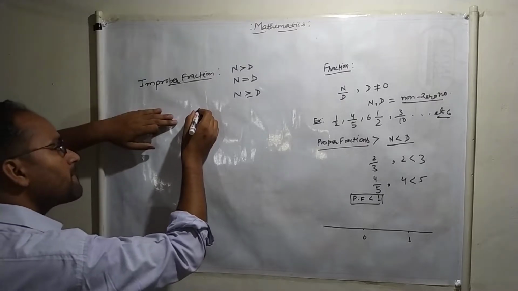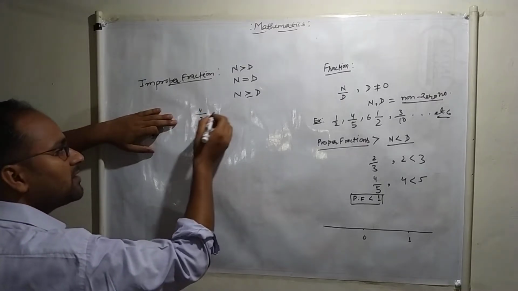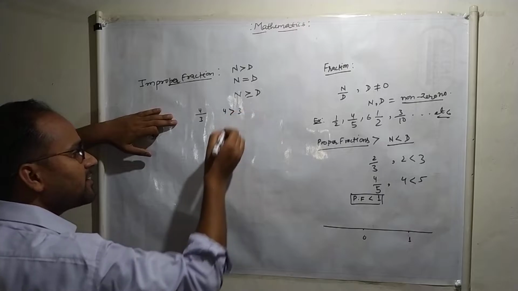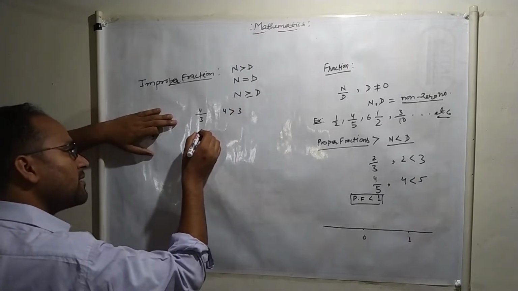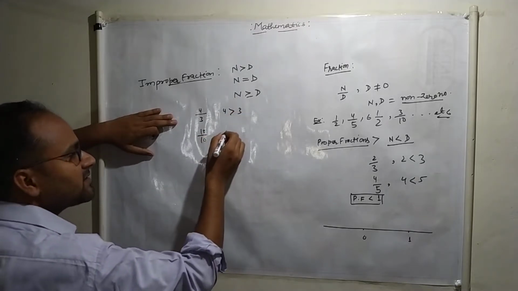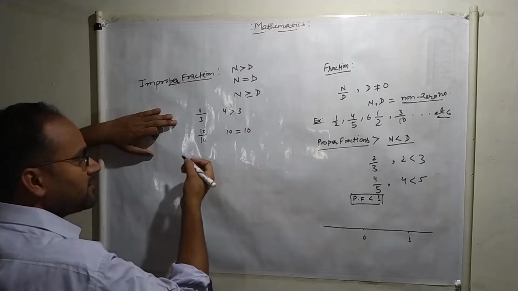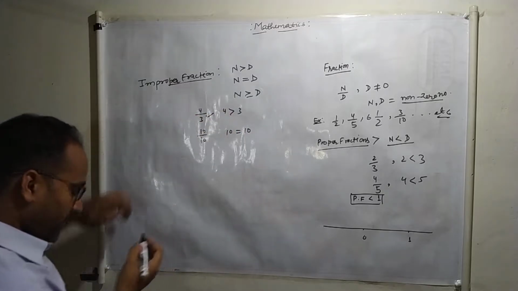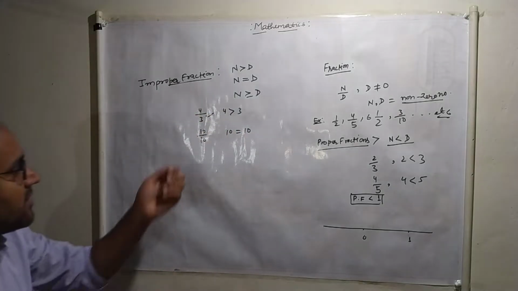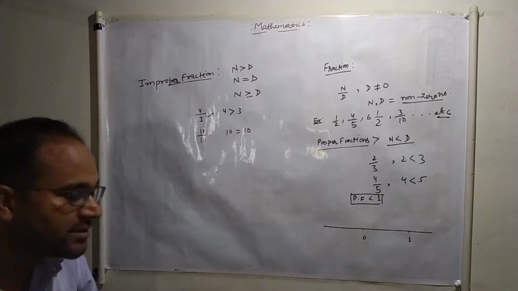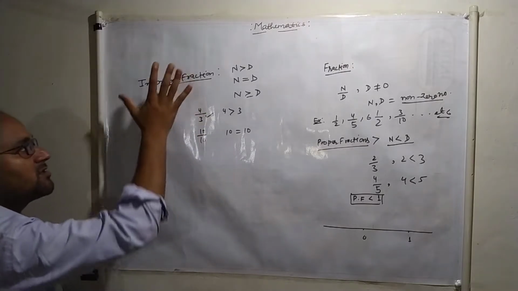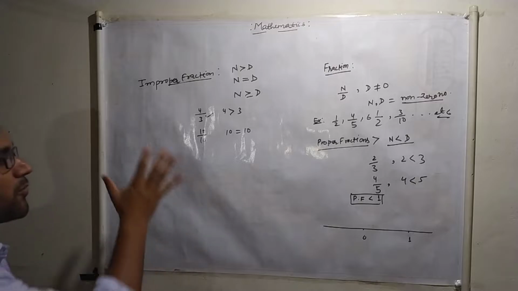Suppose 4 upon 3, in this case 4 is greater than 3. Or 10 upon 10, in this case 10 is equal to 10.